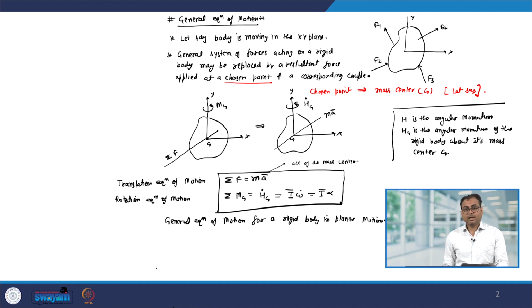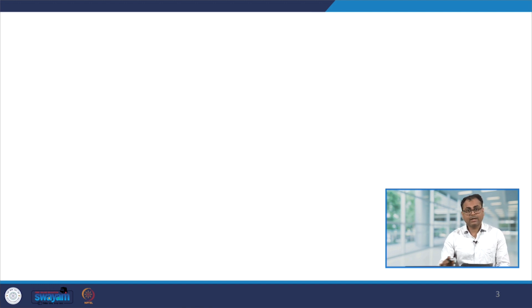Now, note that to write down these equations of motion, we have chosen the mass center as our point, but we can also choose some arbitrary point on the rigid body. So, let us write down the alternate moment equation for that point.